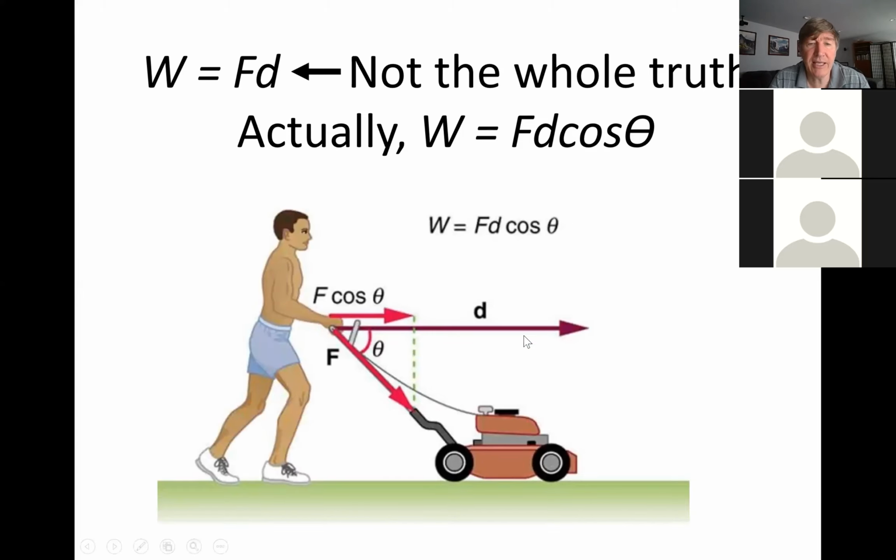Here's an example to help you understand what's going on. Let's say the person pushing the lawnmower is pushing in this direction. You see this arrow down here that says F. That's the direction he's pushing. But you'll notice that the lawnmower is not moving in that direction. The lawnmower is moving in a different direction. Because force is not a scalar, it's a vector, you can't just take force times distance.